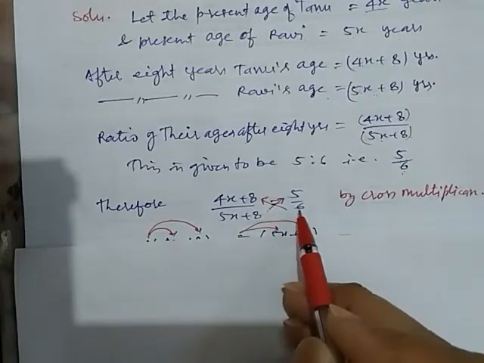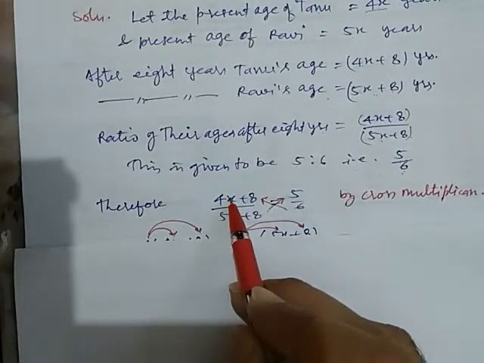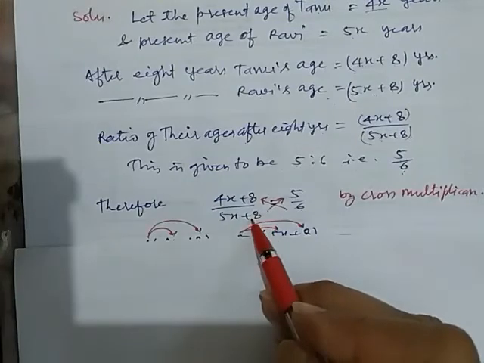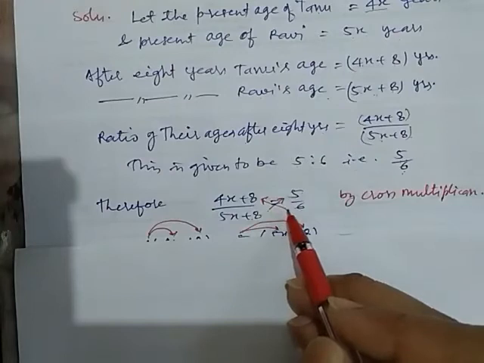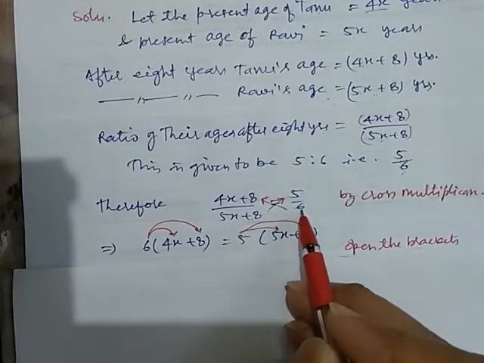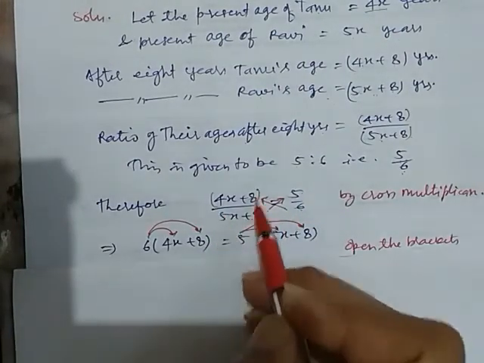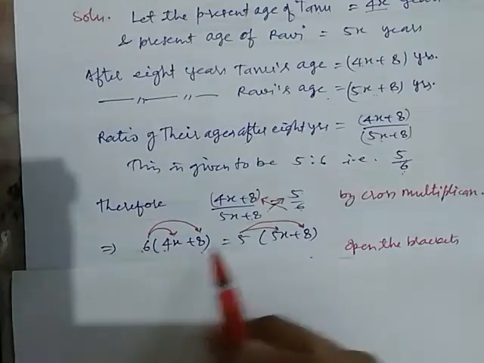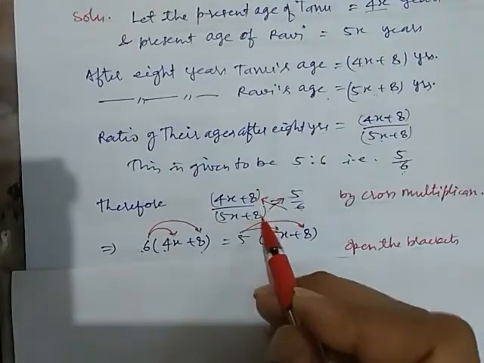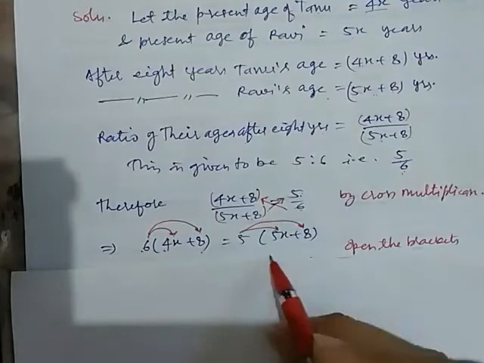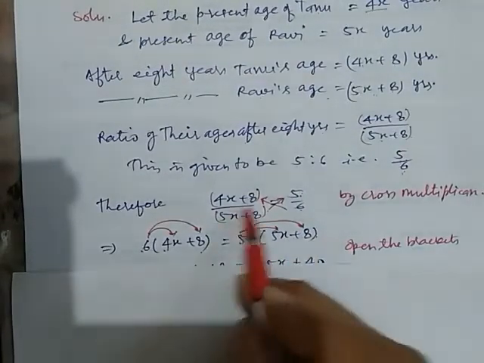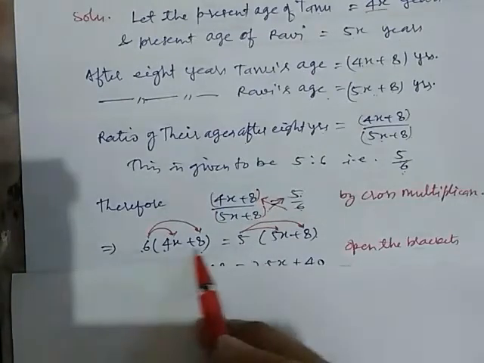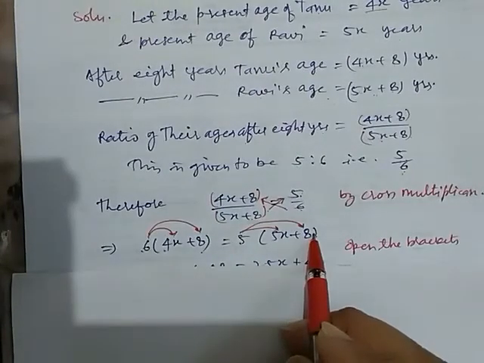Just multiply the denominator of this fraction with the numerator of the other, and the denominator of the other with this numerator, making a cross. So 6 into 4x plus 8, and 5x plus 8 multiplied by 5, so 5 into 5x plus 8. The equation reduces to linear form very easily.